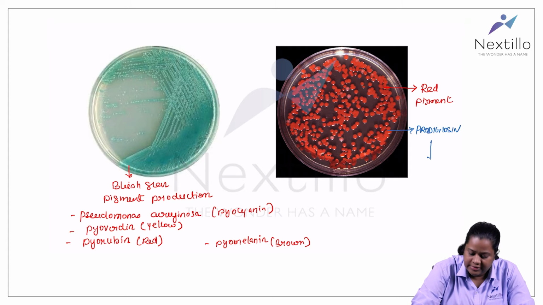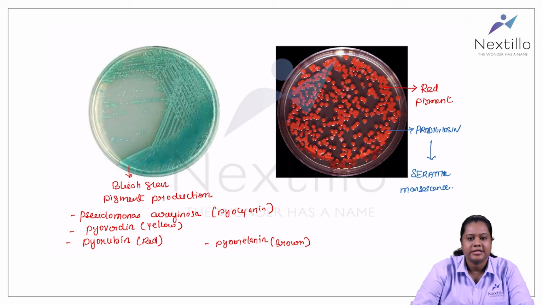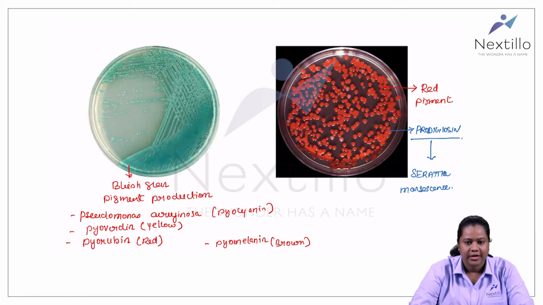So this organism is none other than Serratia marcescens, which produces a red pigment called prodigiosin. So these two are the prominent organisms which produce the pigment.